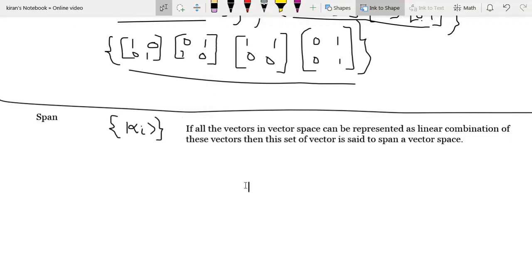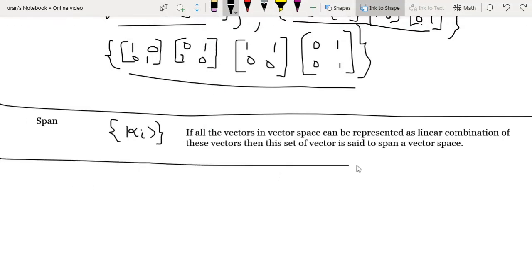What does that mean? It means that if I have a set of alpha i's that span the vector space, then using these alpha i's, I can represent any vector in the vector space. How? By using linear combinations of these alpha i's.